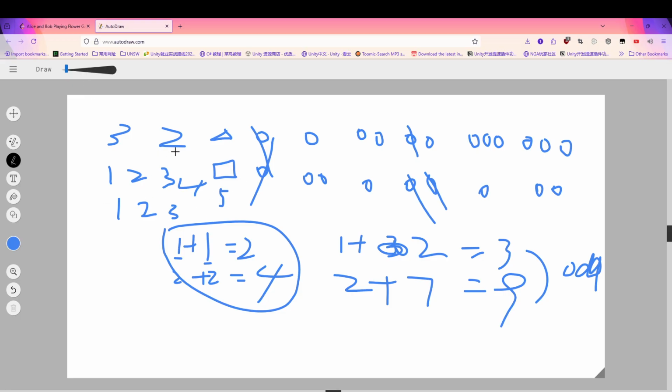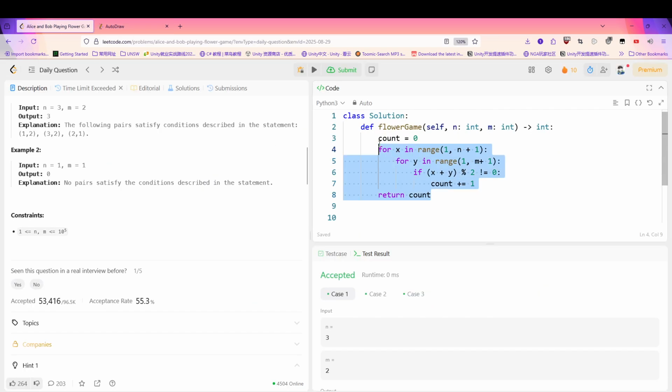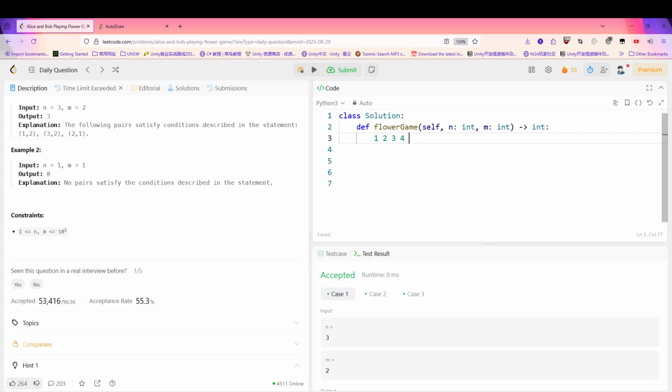I think in junior school or high school, we know this, right? For 1, 2, 3, 4, up to n, the number of odd numbers is n plus 1 floor division 2.